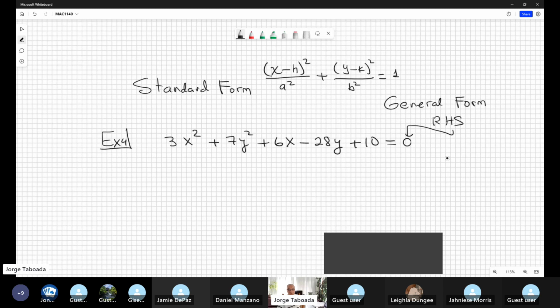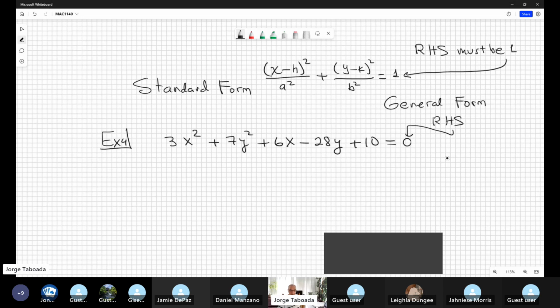I need to modify algebraically this equation to this equation in order to express x separately, y separately, and right hand side 1. Right hand side must be 1. Like that. Okay, let's do it.